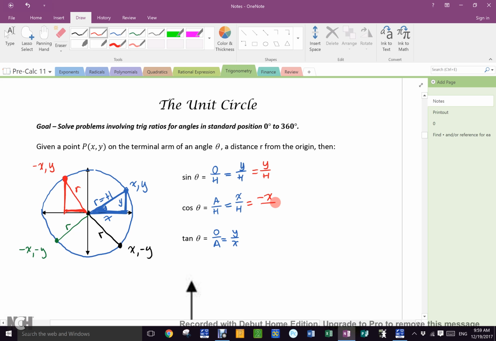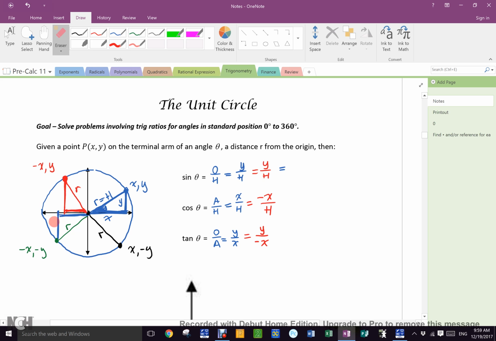Negative x over h, isn't it? Because I went this way. What is red tan? Y over negative x.